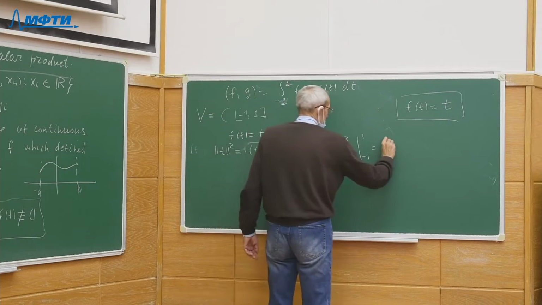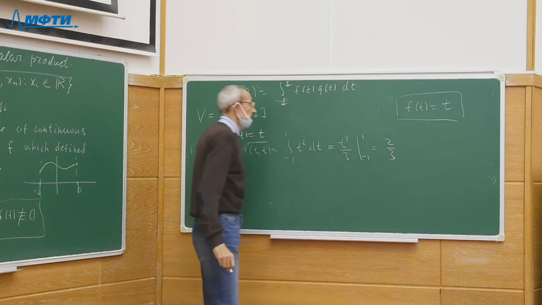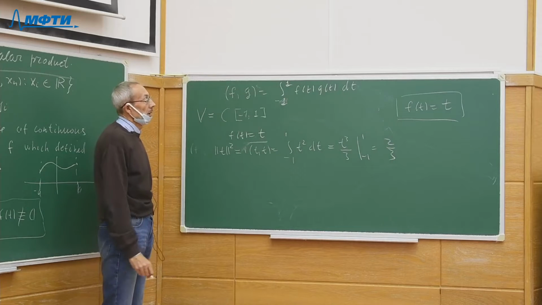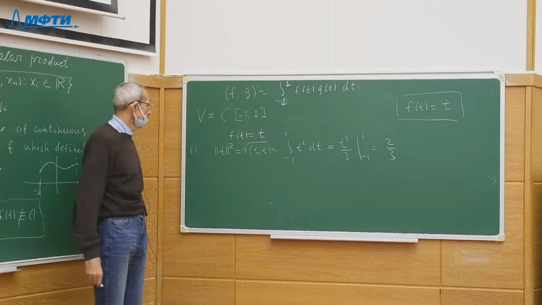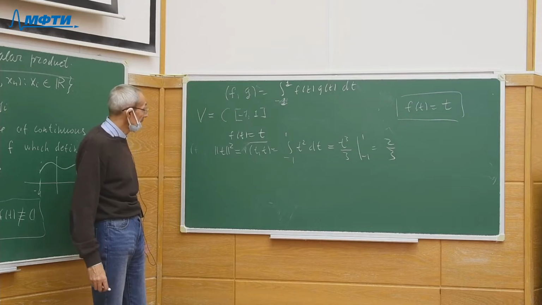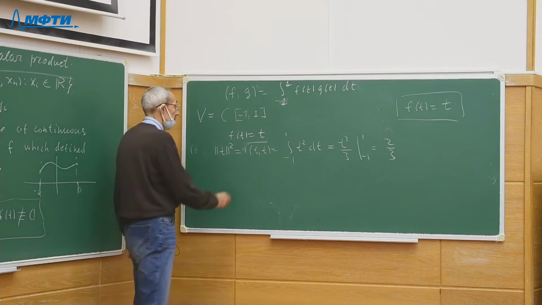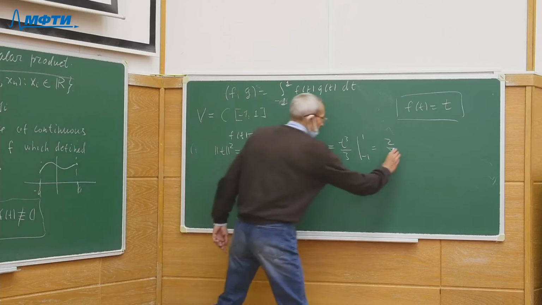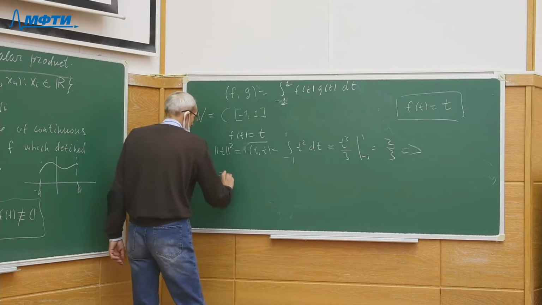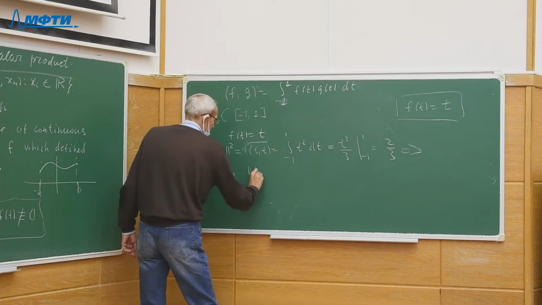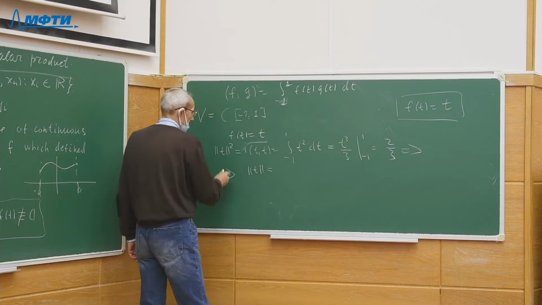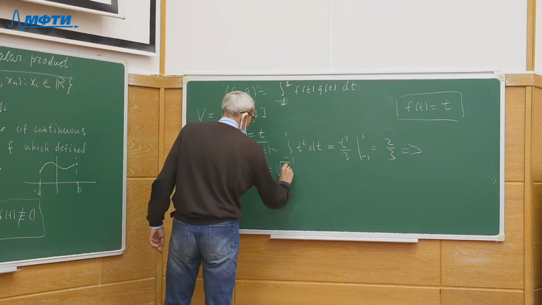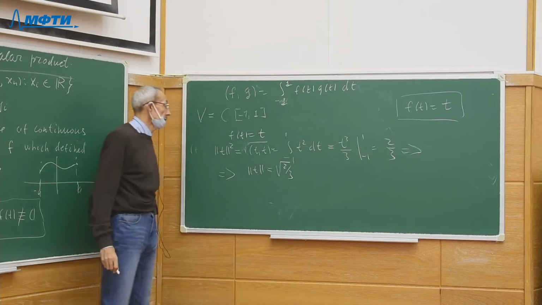And it is easy to see that we obtain the ratio 2/3 for the scalar square of this function. From this equality, we obtain that the norm of this function t is equal to the square root of the ratio 2/3.